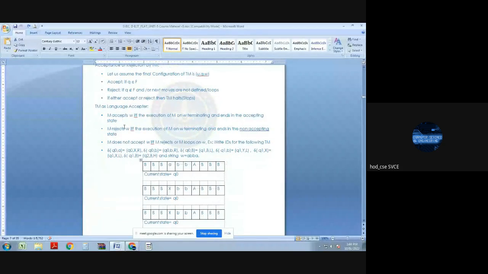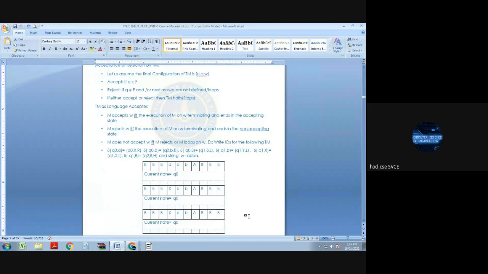See here, a machine M accepts a string if and only if the execution of M on the string terminates and ends in the accepting state. So this Turing machine will accept a string if and only if, on executing the machine on string W, it terminates and ends in the accepting state.